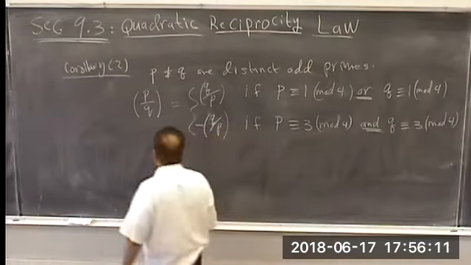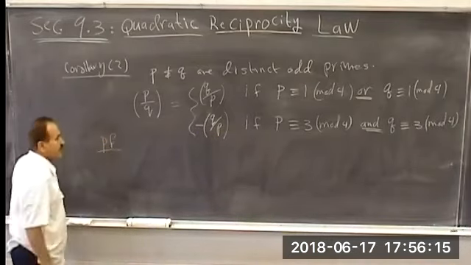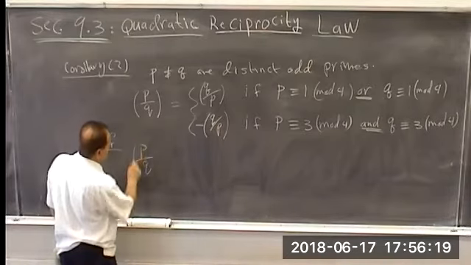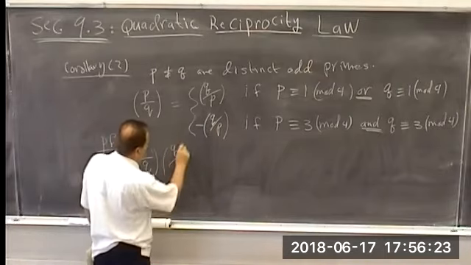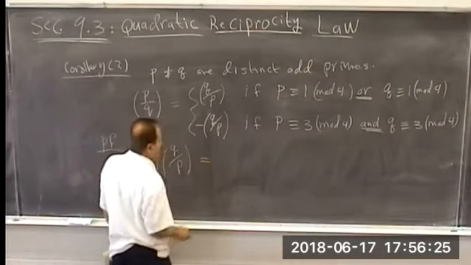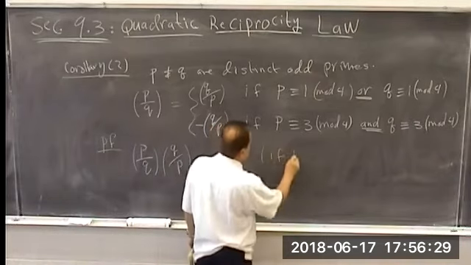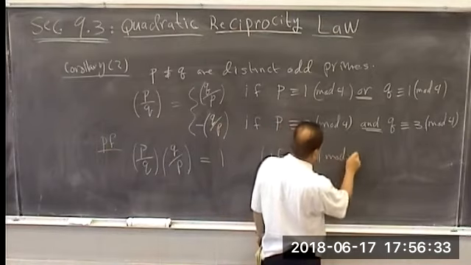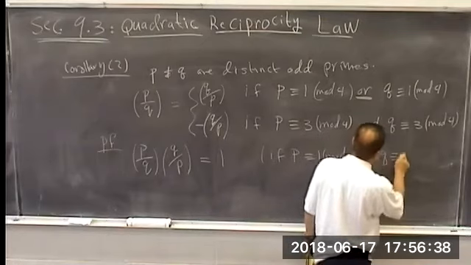Okay, let's look at the proof. We know that (P over Q) times (Q over P) is equal to 1. This one is if P is congruent to 1 mod 4 or Q is congruent to 1 mod 4.